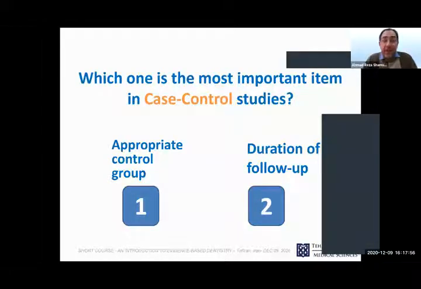And when we select a control group from the same hospital, if we select, for example, patients with lung cancer, which we know is also related to smoking, then in these two groups smoking is high. So the relationship between smoking and oral SCC becomes underestimated. We should select a control group in which the smoking frequency is similar to the population. Then the relationship between smoking and oral SCC becomes fair and real.